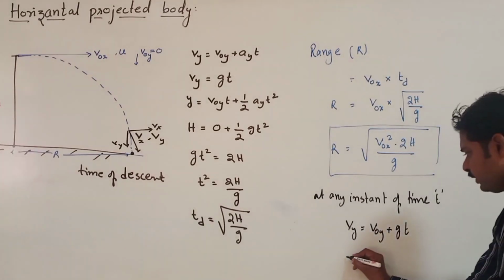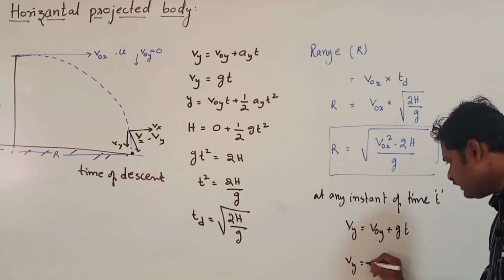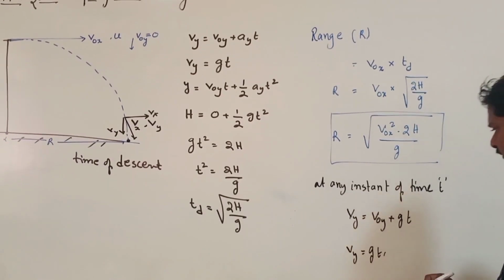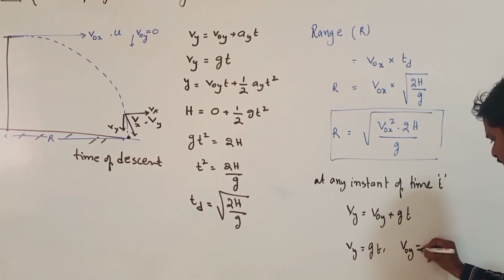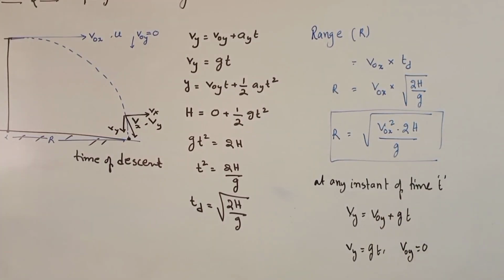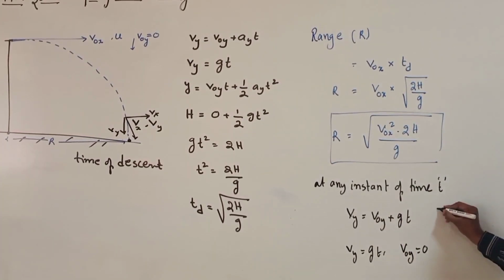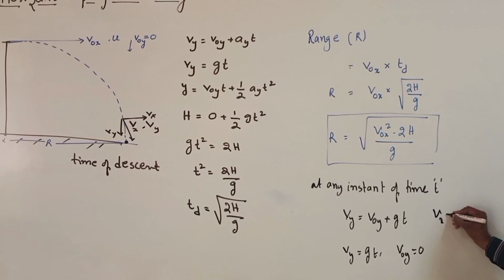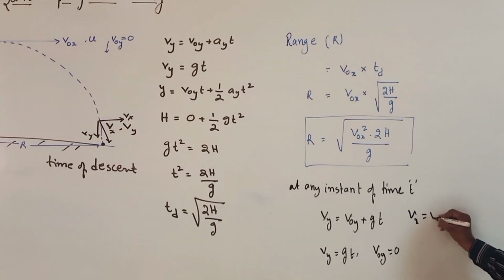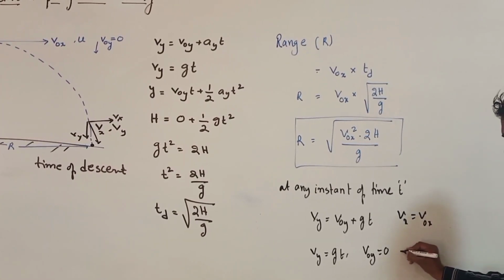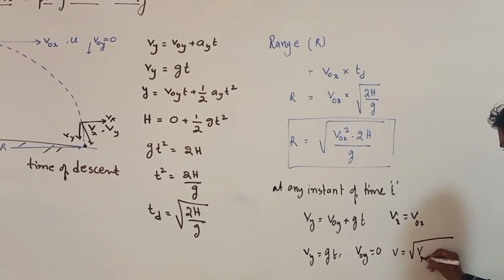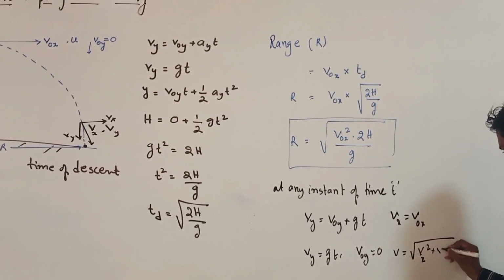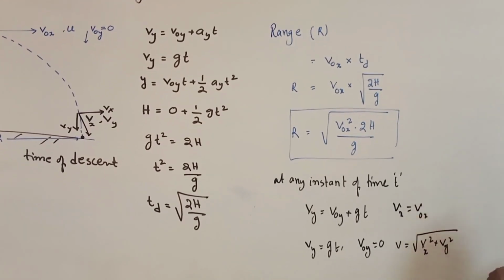So simply we will write vy is equal to gt, and of course v naught y is equal to 0, and vx remains constant, which is equal to v naught x. At any moment, if you want to calculate the velocity, we will write it as root of vx square plus vy square.